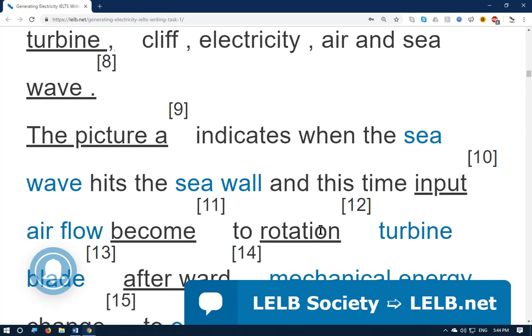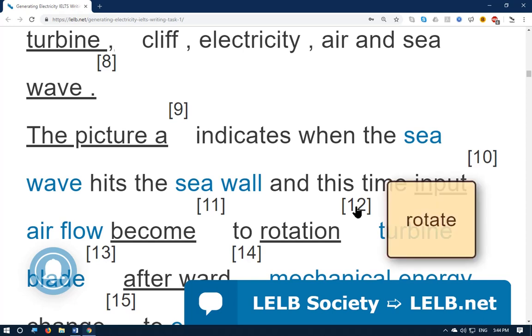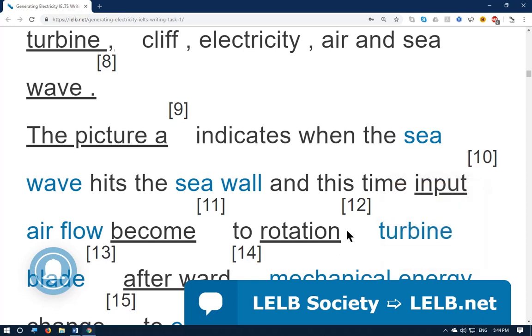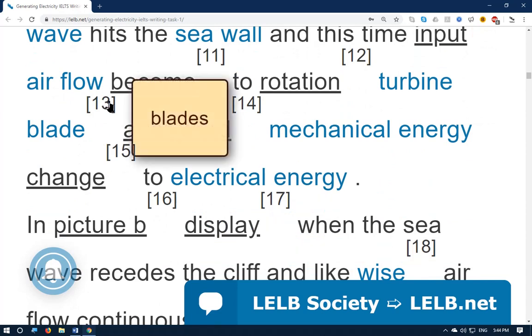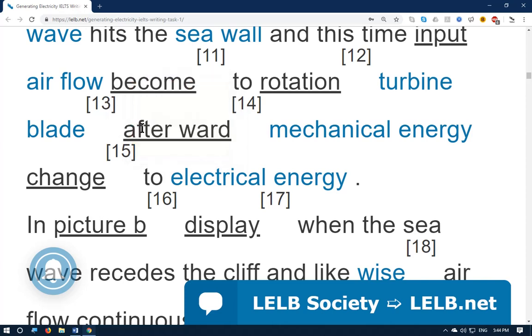To rotate, rotation is the verb. I'm sorry, it's a noun, so it must be rotate. So the verb form. Turbine blade. It's better to say blades because there are technically more than 2 blades.